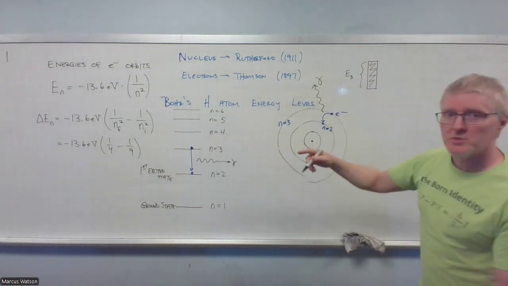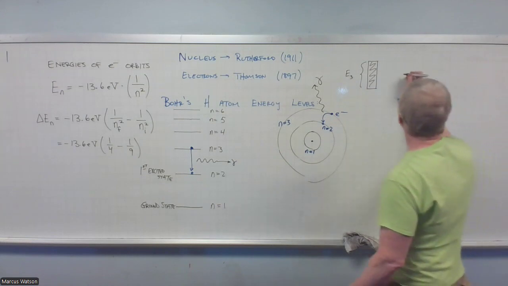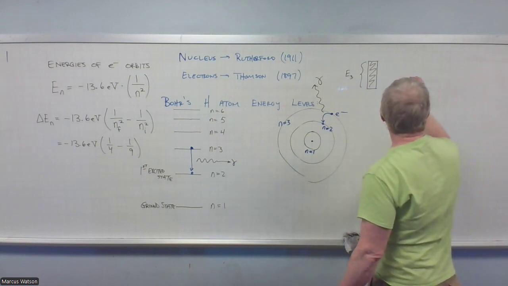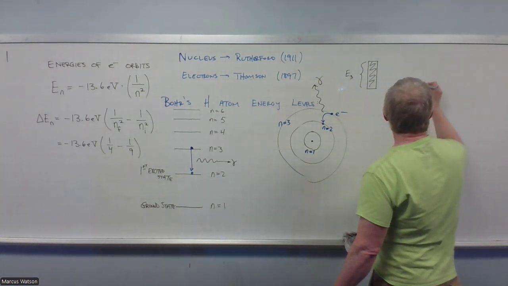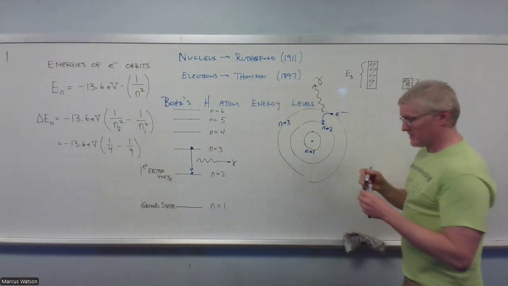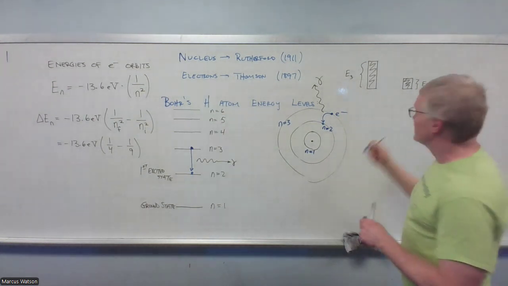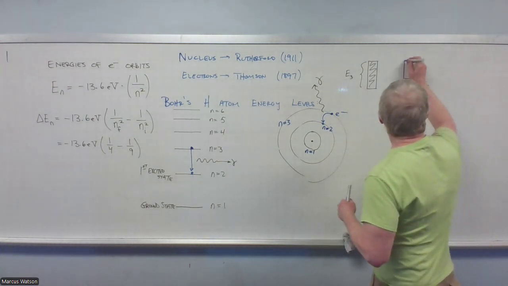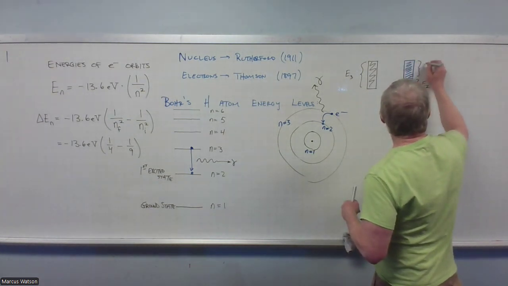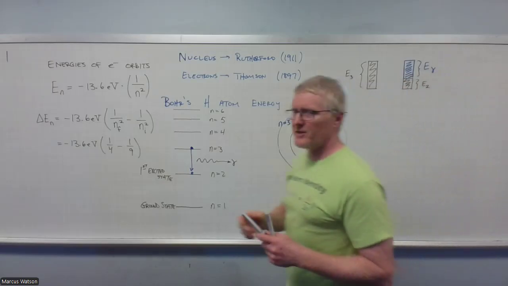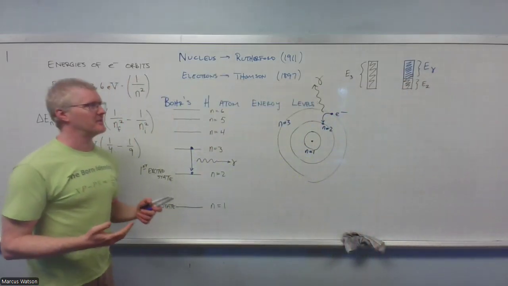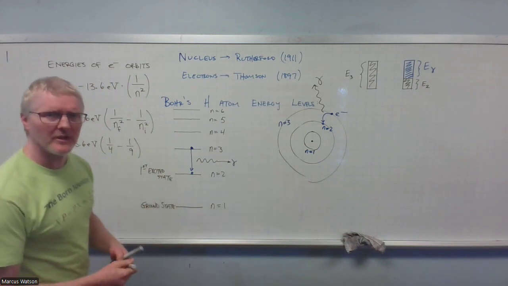Now it drops to the 2 state, which has lower energy. And the rest of that energy is due to the photon. You'll find the rest of this energy in the gamma. And I know it's not a gamma. I just don't know, that's just what I call it. I'm not quite sure why.